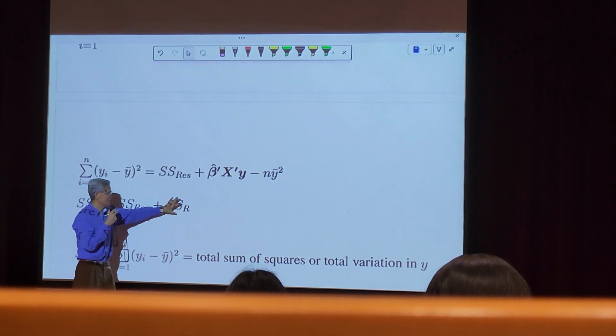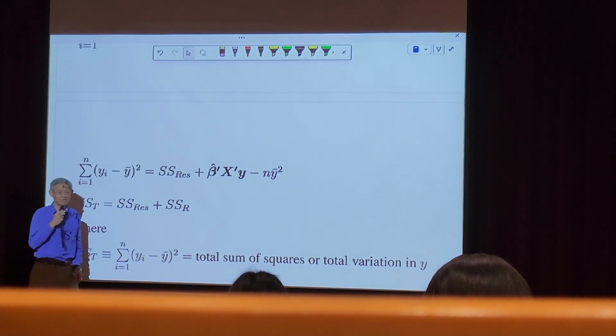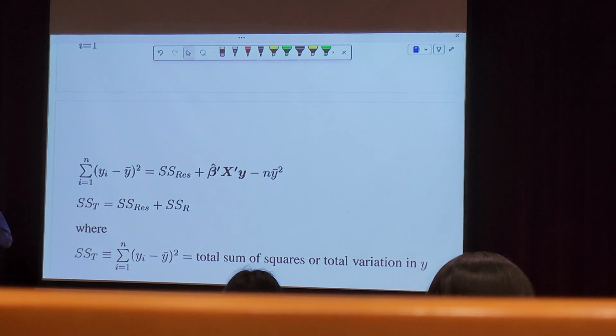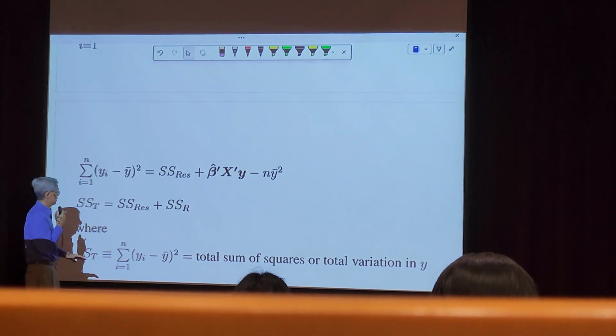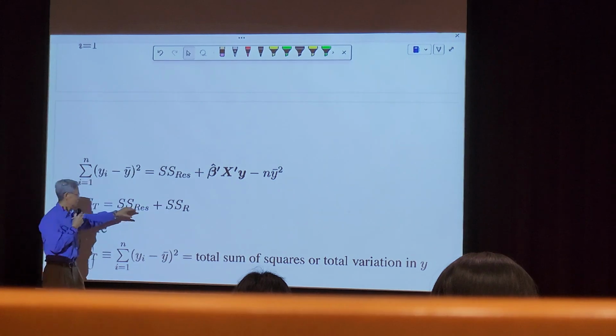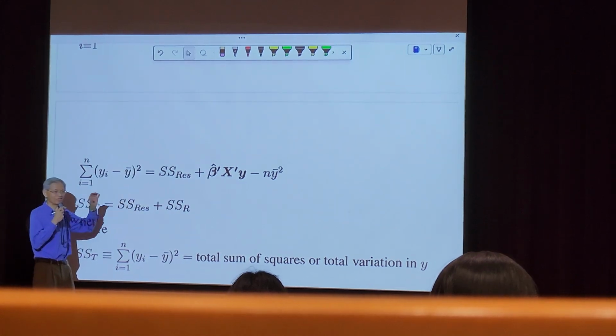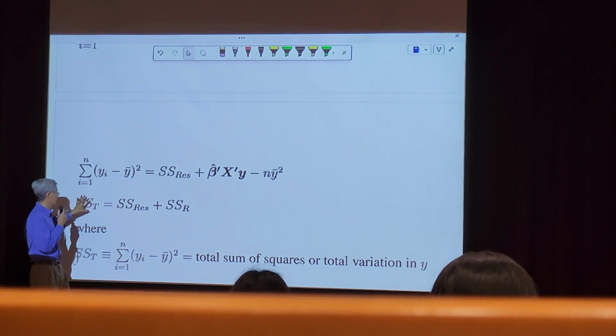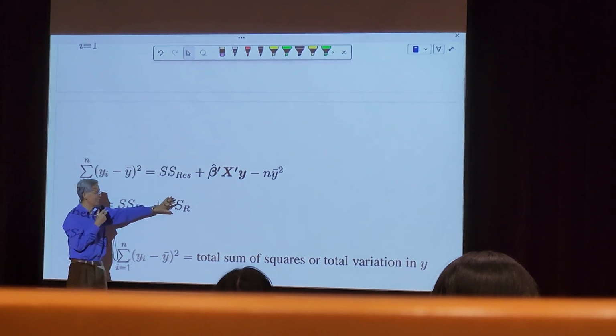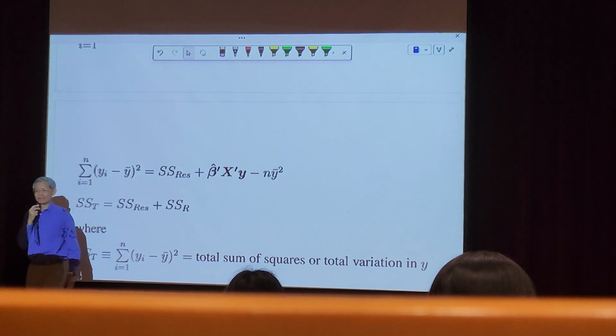So what is this? This is the sum of squares due to the regression model that is given. If the model given is good, the sum of squares of residue should be very small, and the total variation can be explained by the regression model.